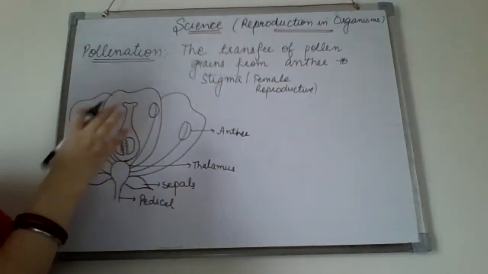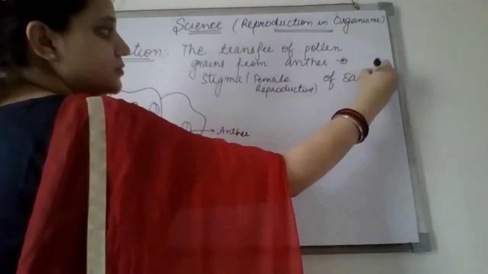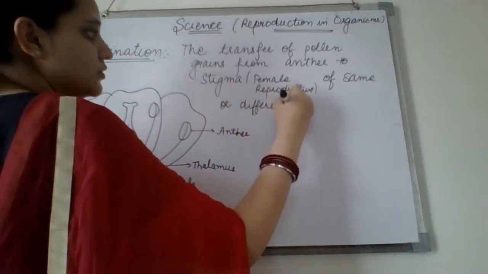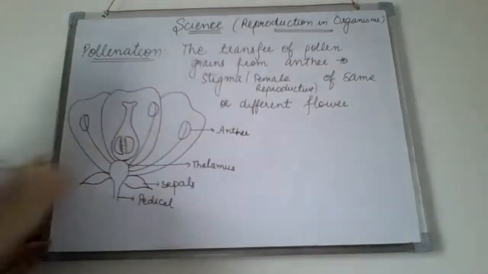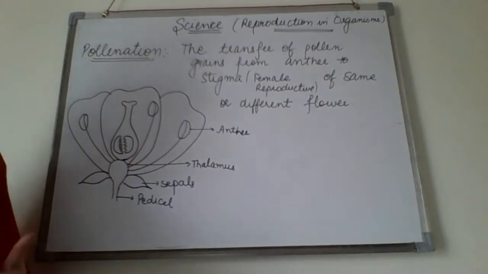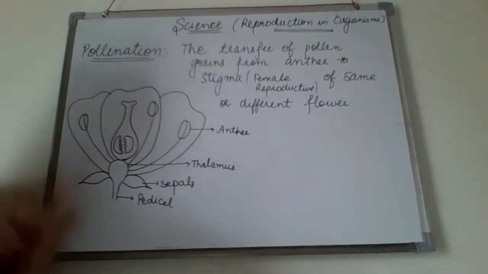So the transfer of pollen grains from anther to stigma of the same or different flower, right? So that means the male gametes, the male reproductive cells, are being transferred to the female reproductive part, where they will ultimately meet the female reproductive cells.